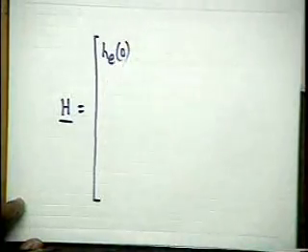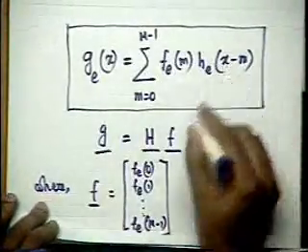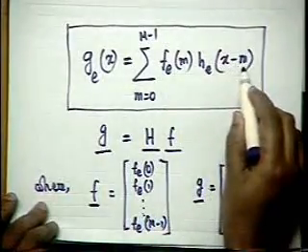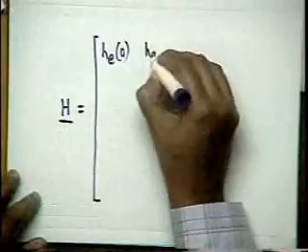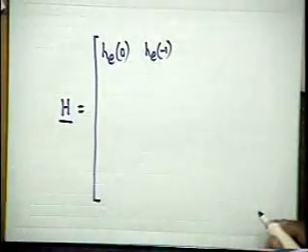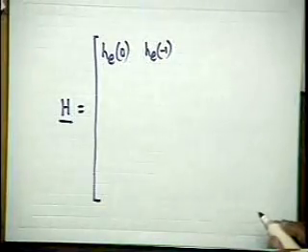First row, second element, h_e(-1), because x is equal to 0 and small m is 1, so h_e(-1) becomes the second element. 0 minus 1 means minus 1.